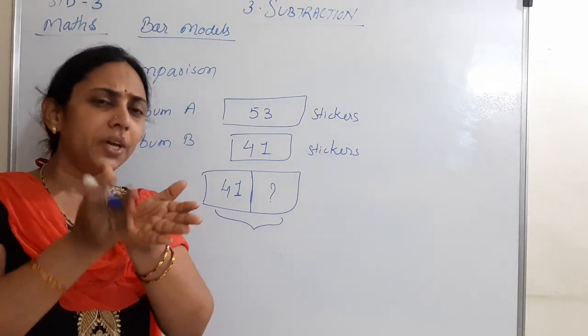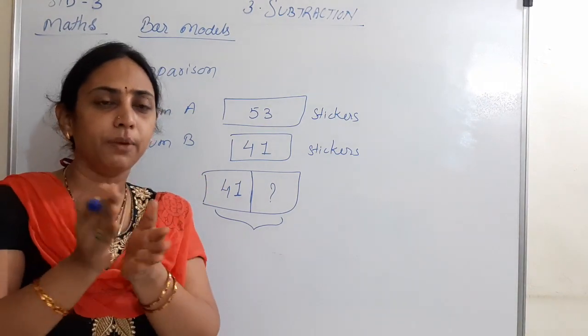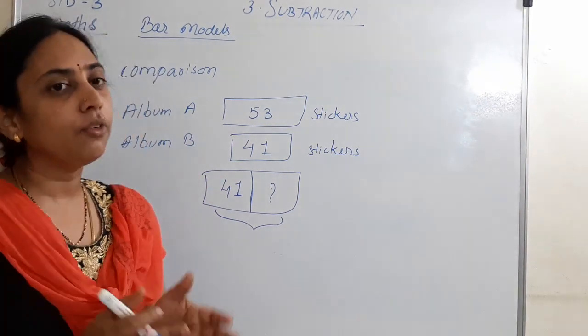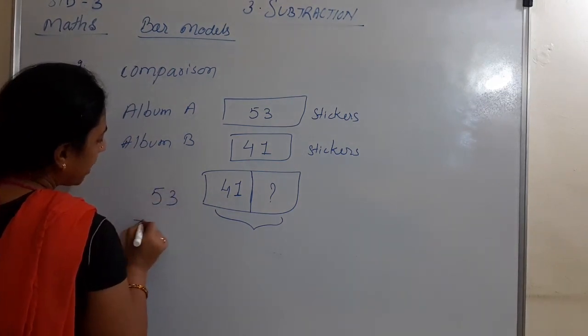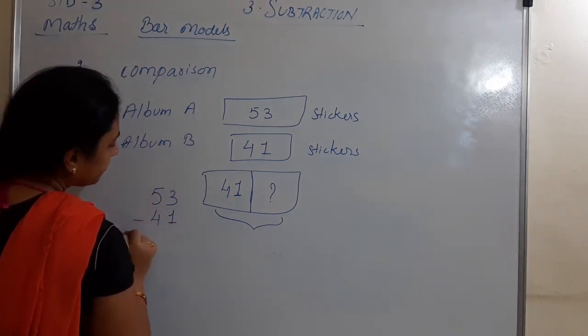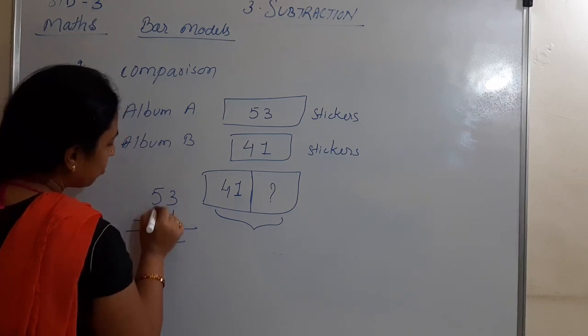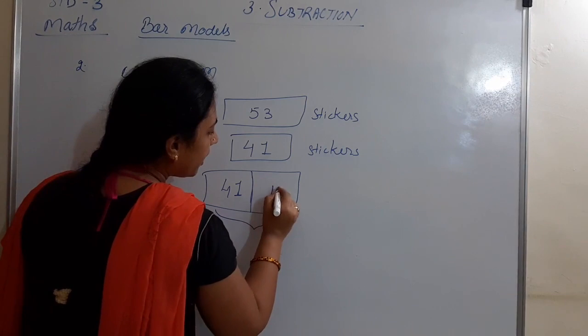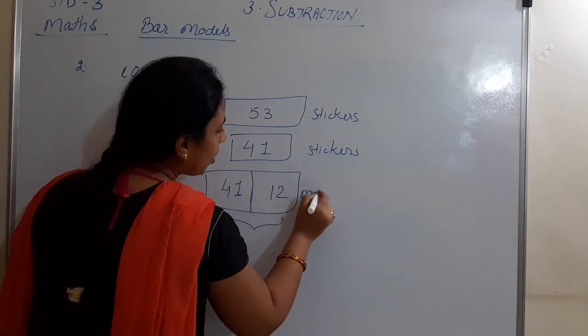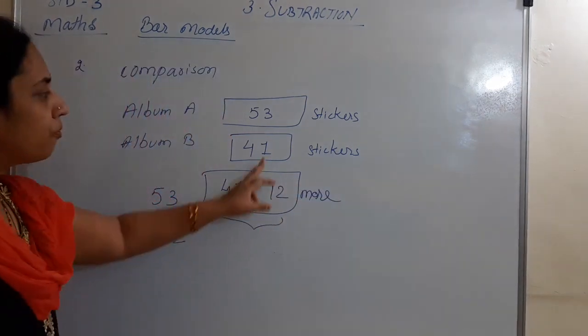So when we compare between different students or different people or different things, we go with subtraction, right? So 53 minus 41. 3 minus 1, 2. 5 minus 4, 1. So it will be 12 more. So how many more? 12 more.